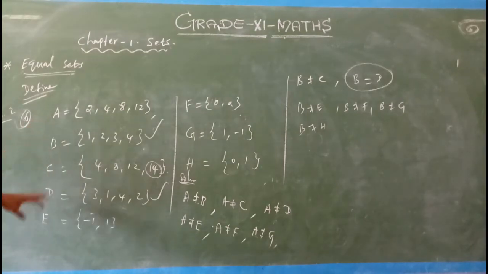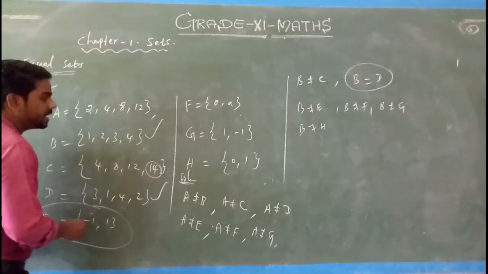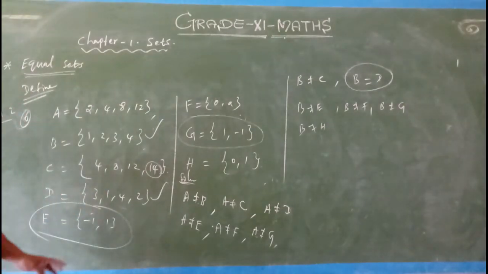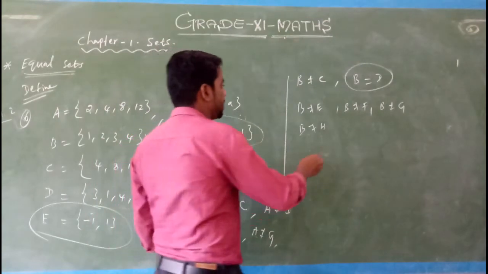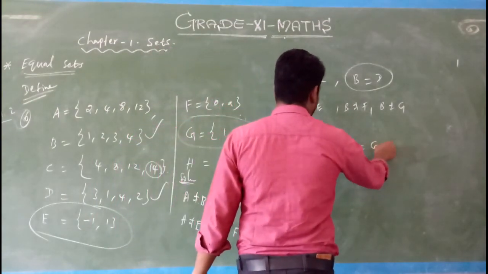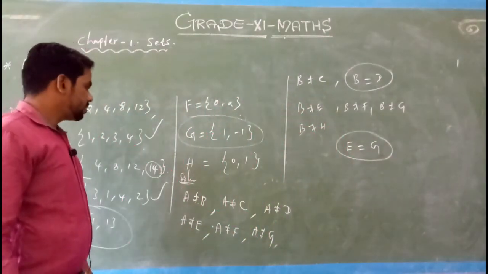Okay, next step. E is equal to {-1, 1}. See here, E and G. The sets E and G have the same elements. Here {-1, 1} and {1, -1} have the same elements. So E is equal to G. The sets E and G are equal.